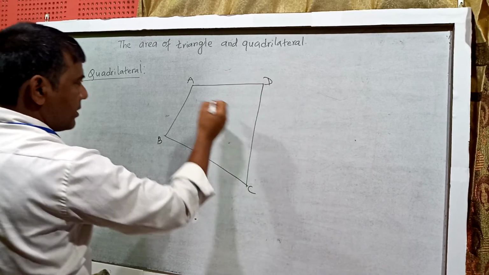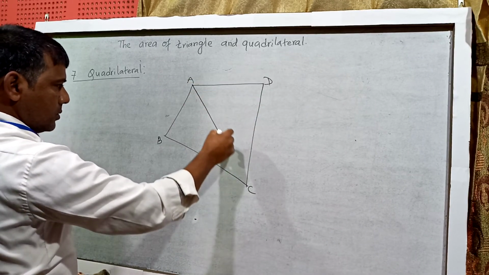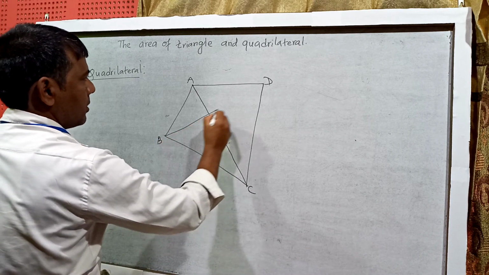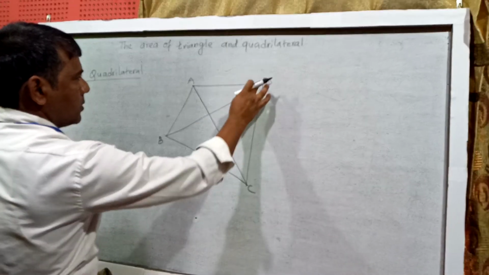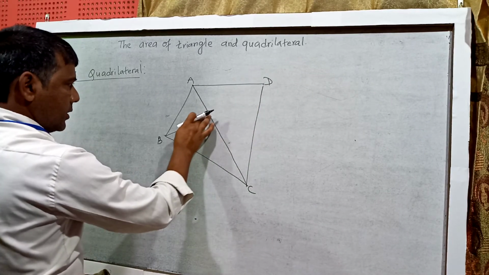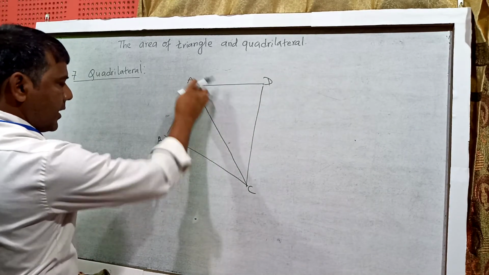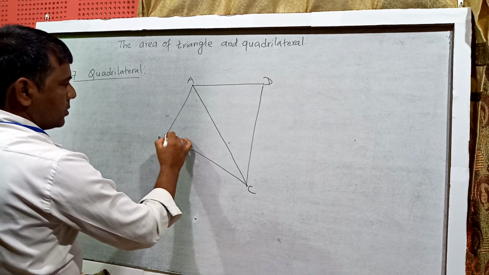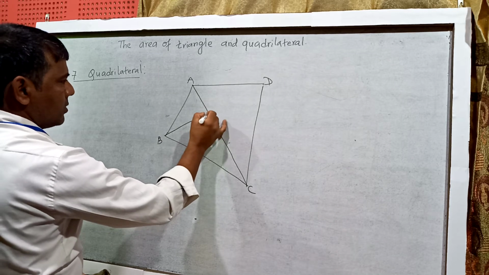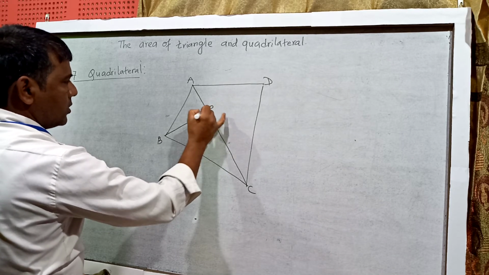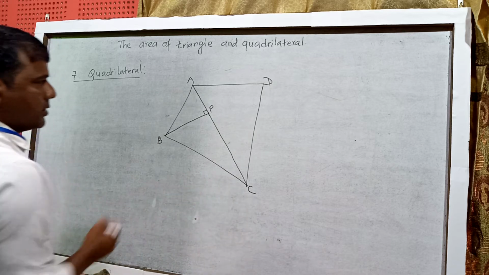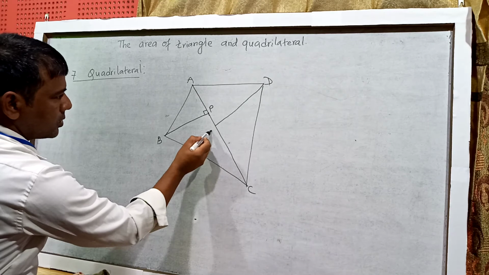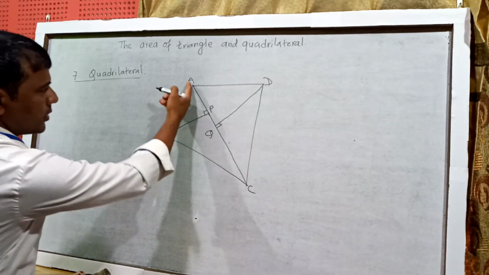In this quadrilateral, AC is a diagonal and BD is another diagonal. Only AC is one diagonal, and on this diagonal, BP is a perpendicular on the diagonal AC. And next, DQ is perpendicular on the diagonal AC.